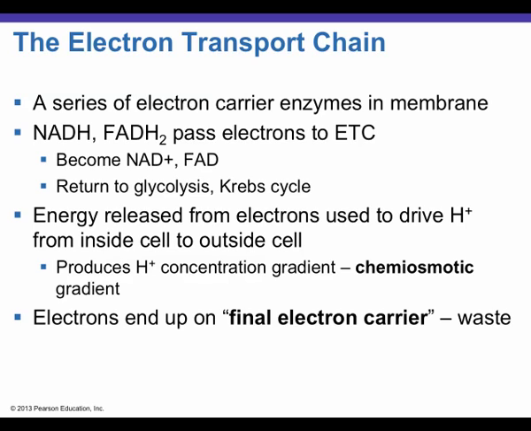And at the end of the chain, the electrons end up on the final electron carrier, the last thing to carry the electrons that began in glucose. And then that final electron carrier becomes waste. And since that final electron carrier is receiving the electrons, what is happening to it? It is getting reduced. Great stuff.